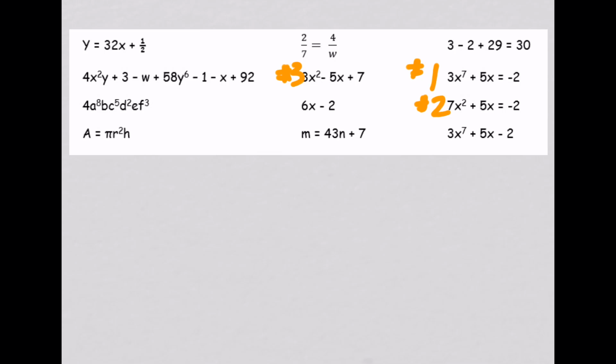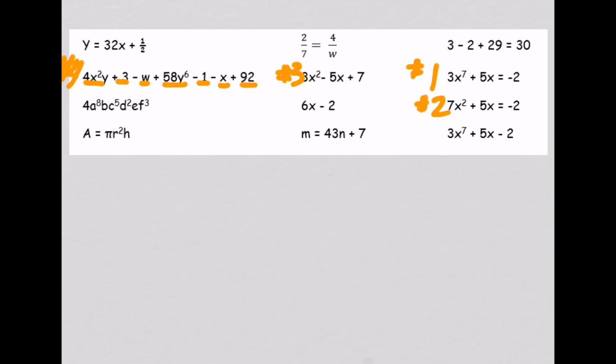Those are all being multiplied together. This one is number 4. It has 7 terms. There's 1 term, 2 terms, 3 terms, 4, 5, 6, and 7 terms. That is an expression with 7 terms.